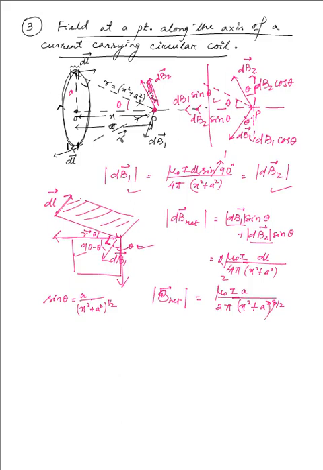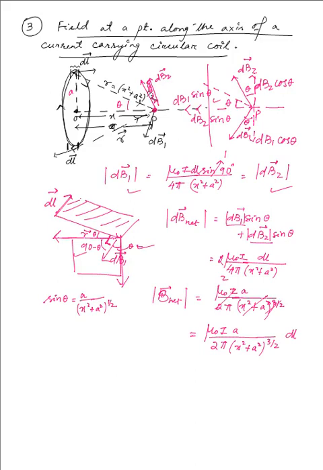I'll rewrite for the denominator part, it's pretty unclear over here. Mu naught I a divided by 2 pi x squared plus a squared whole to the power 3 by 2. And then we have the dl. Now remember, these factors that we are seeing over here, x can change, but in that case, if we had mentioned theta, we would have had two variables.